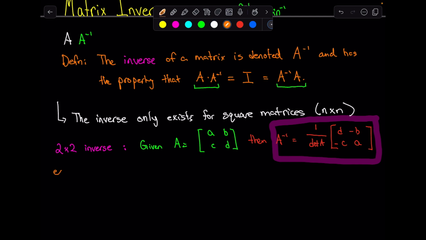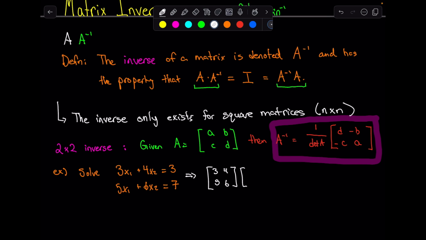So for example, if I say, let's solve the system, 3x1 plus 4x2 is equal to 3, and 5x1 plus 6x2 is equal to 7. We can write this in the matrix equation form as 3, 4, 5, 6.